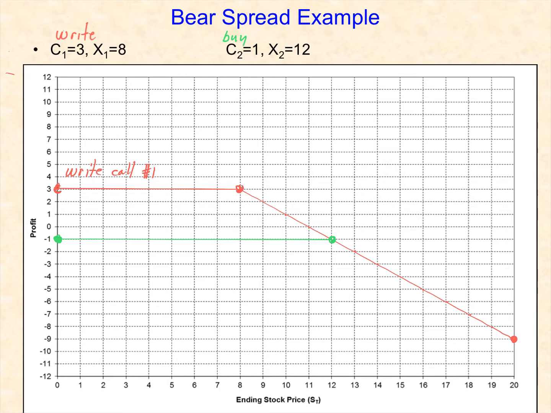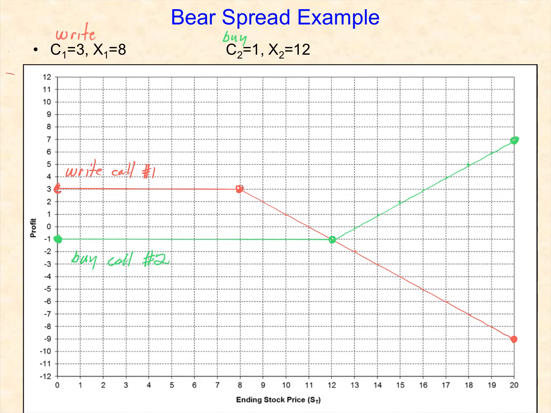If the stock price rises above 12, however, the option goes in the money, and for each dollar that it rises above 12, we can make an additional dollar of profit. So we can plot the profit at high stock prices for option number 2 here on the right side. So this is buy call number 2.